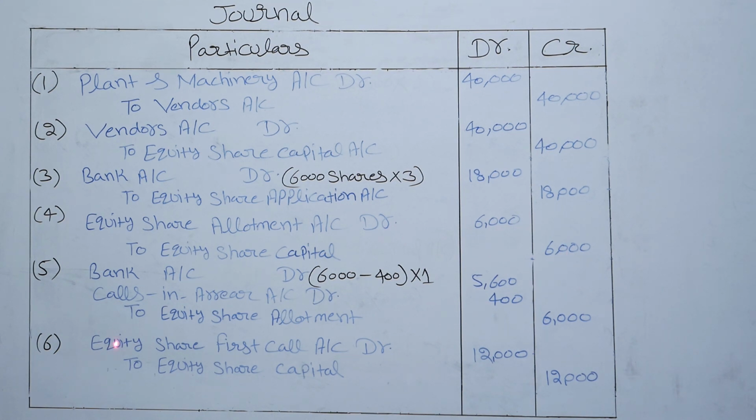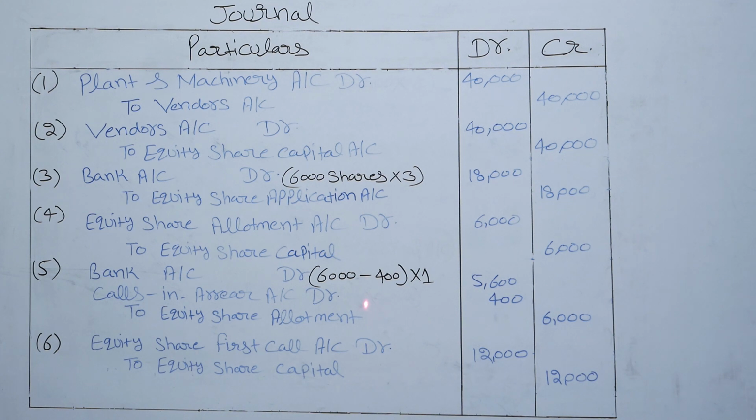Next entry, amount received on allotment. So entry will be bank account debit, calls in arrear account debit to equity share allotment. One shareholder holding 400 shares did not pay money on allotment. So in this way we will receive in the bank 5,600 rupees. How we get? So total number of share was 6,000 minus 400 share on which we didn't receive money on allotment.